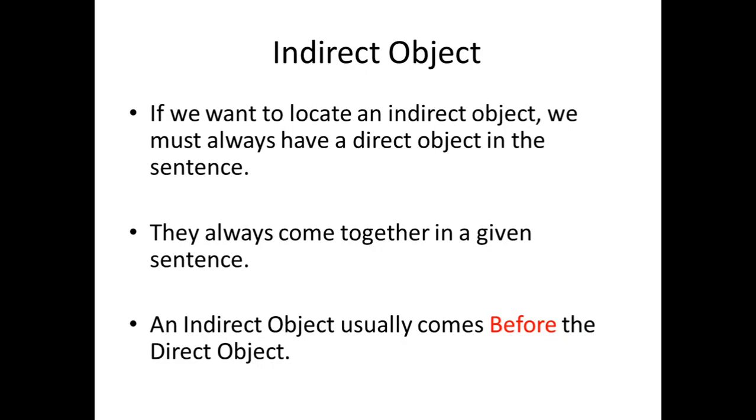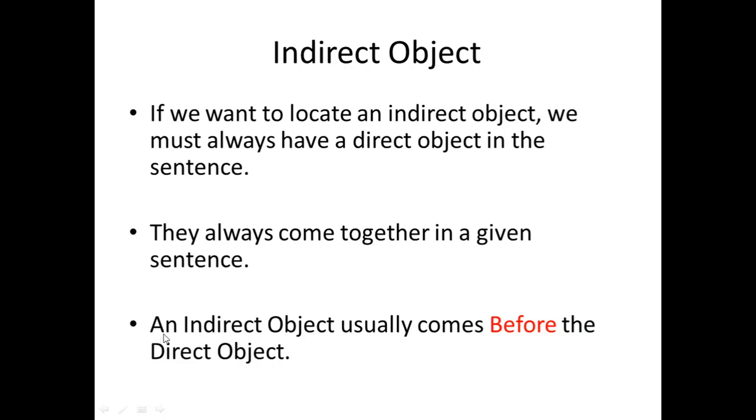One cannot exist without the other. So keep in mind, direct object or indirect object, they always come together. An indirect object cannot come in a sentence without a direct object. So, as I said, they always come together.